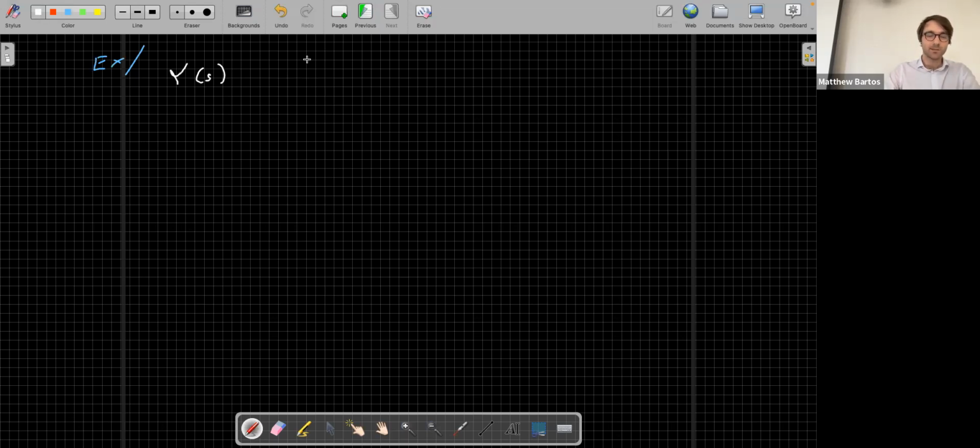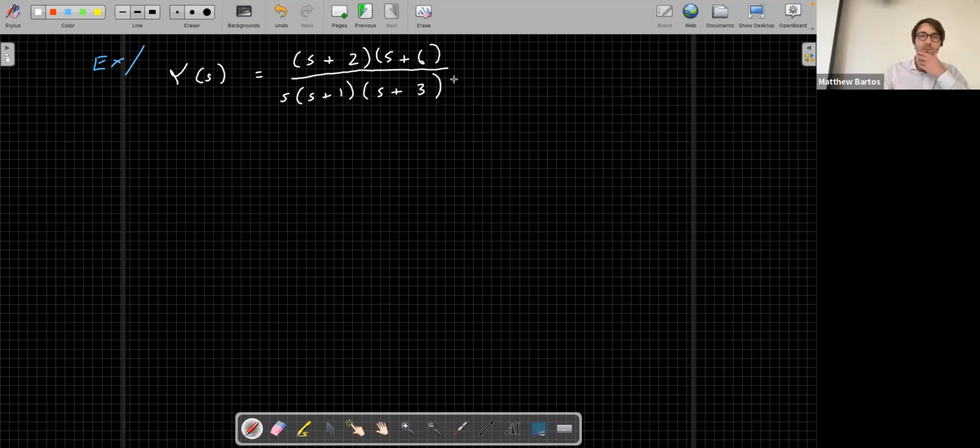So let's start with an arbitrary example. Let's say we have some particular solution to an LTI system. Y of s is equal to, we can factor it into, s plus 2, s plus 6 over s times s plus 1, s plus 3.